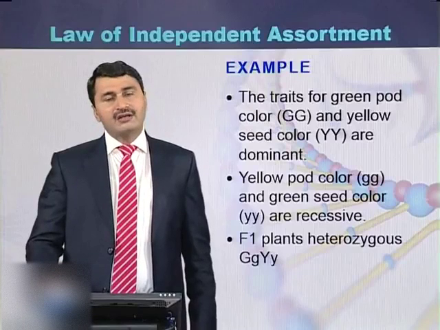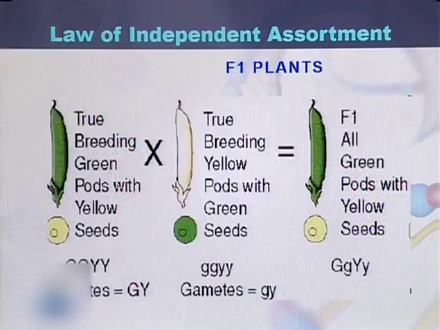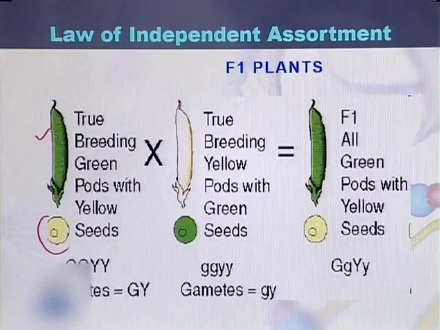So the F1 plants which were produced as a result of the dihybrid cross were all heterozygous. Here we take the example of true breeding plants that have green pod color and yellow seed color, and the genotype of green pod and yellow seed is capital G and capital Y. It was cross pollinated with the plant which was producing a yellow pod color and the seeds were of green color.